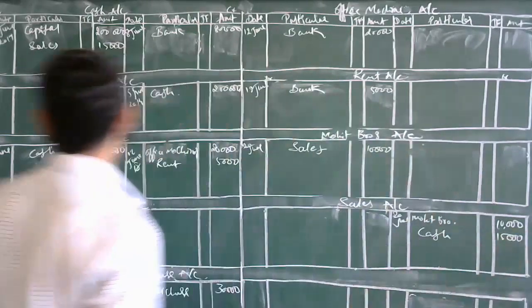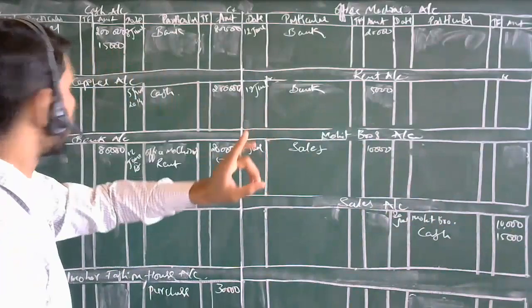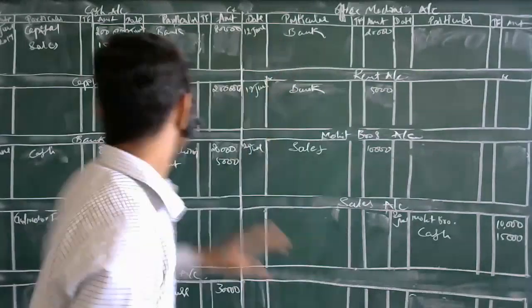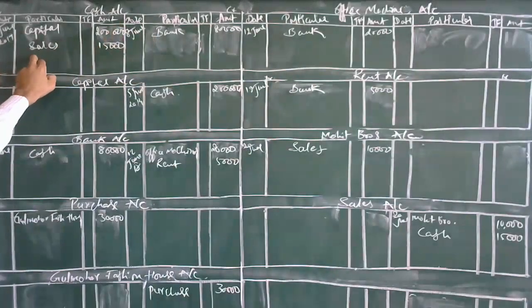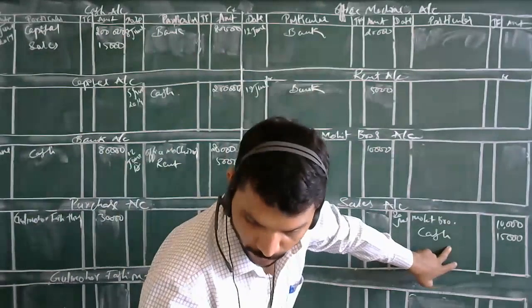See what was told. Cash sales account. Cash account debit to sales account. Cash account is debited over here. Can you all see this? Cash account is debited 15,000. Sales account is credited. What is the date for this?